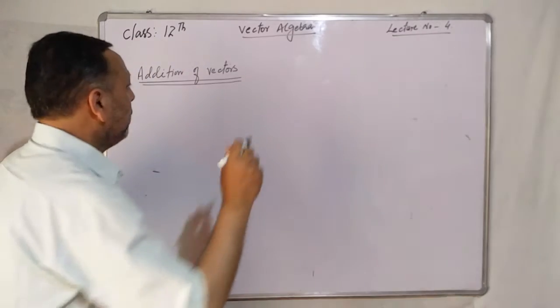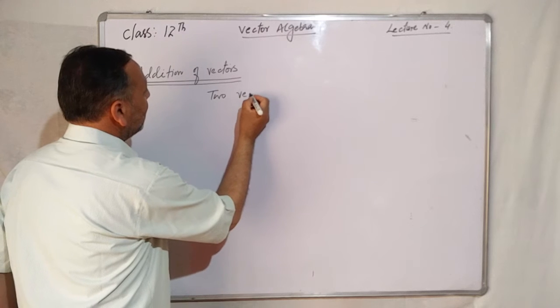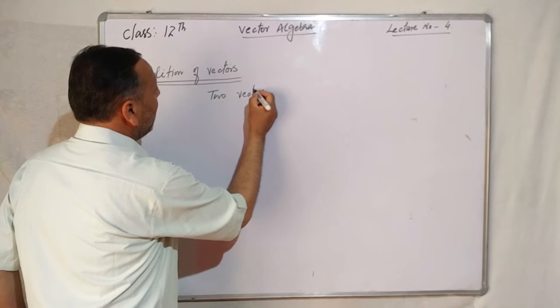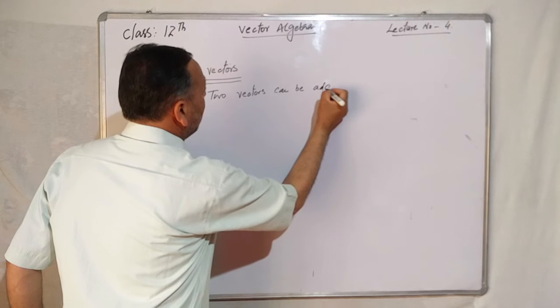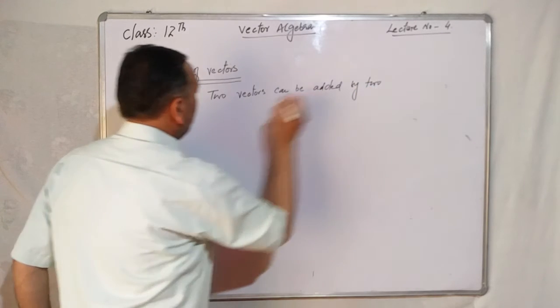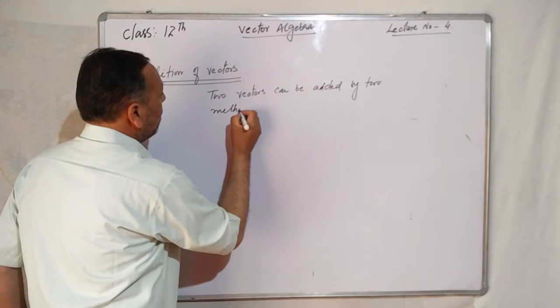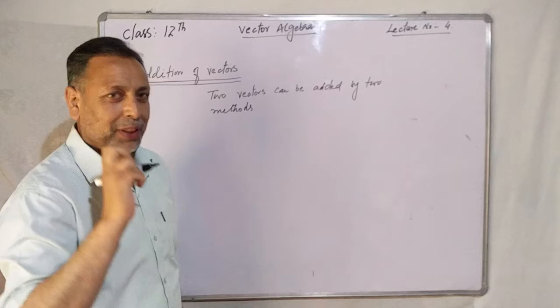You must remember that two vectors can be added by two methods. We can add two vectors by two methods.